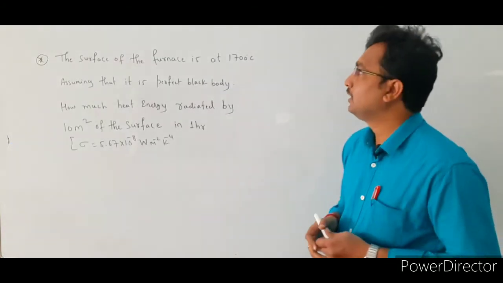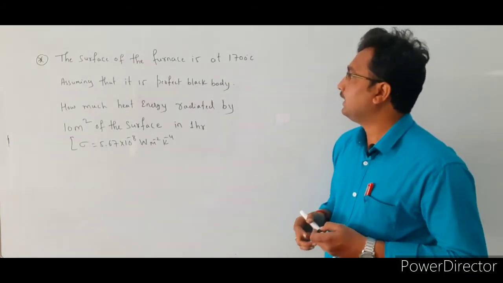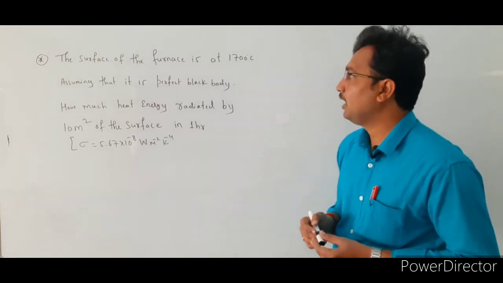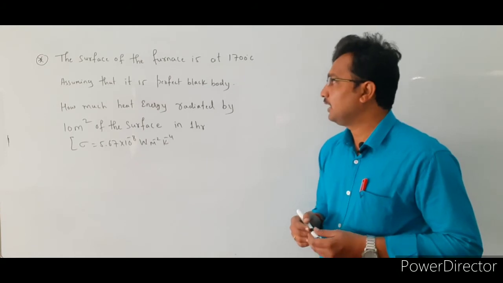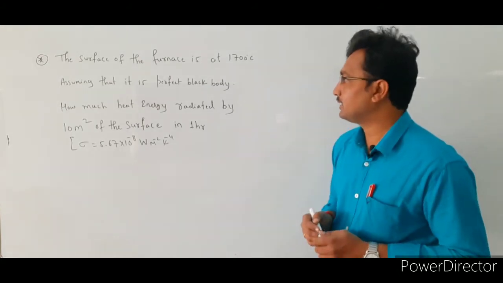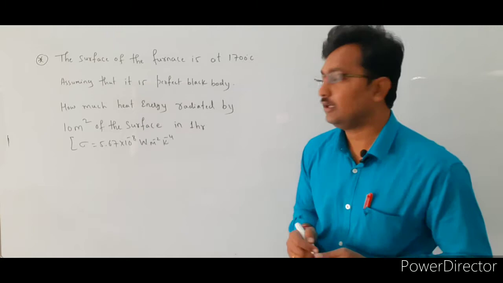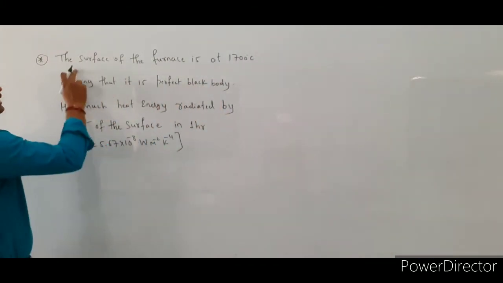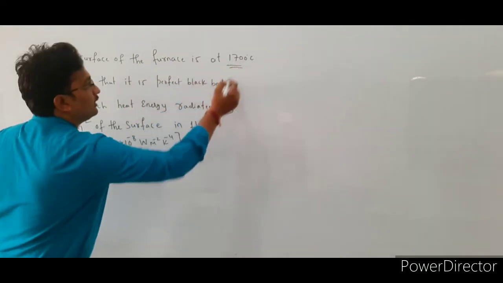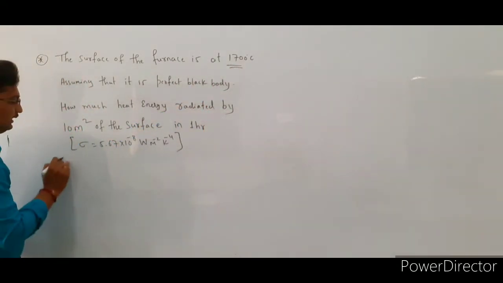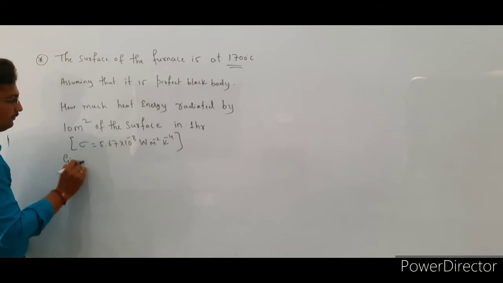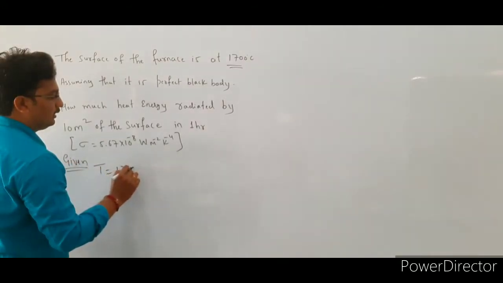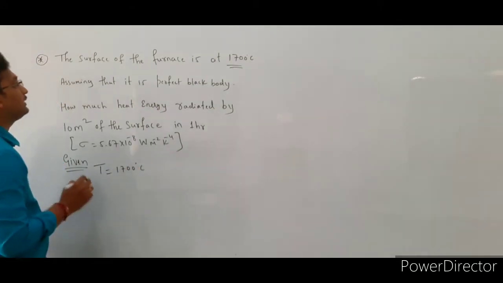See the problem here. The surface of a furnace is at 1700 degrees Celsius. Assuming that it is a perfect black body, how much heat energy is radiated by 10 meters square of the surface in 1 hour? In this problem, the given terms are: the temperature T is equal to 1700 degrees Celsius.